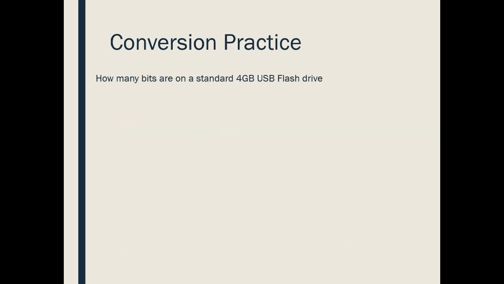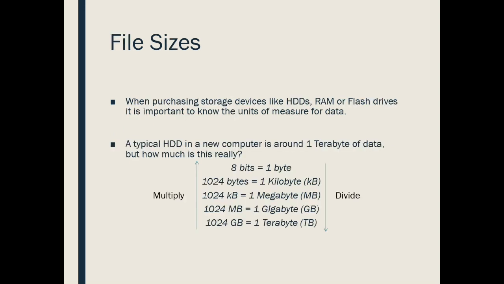So let's try it with a little bit bigger. How many bits are in a 4 gigabyte flash drive? Well, we start at gigabytes, and we're going to use this table right here. We're going to go one step at a time to a smaller unit of measure. And every time we're going to have to multiply because we're going from a bigger unit to a smaller unit. We're going to get more of them.